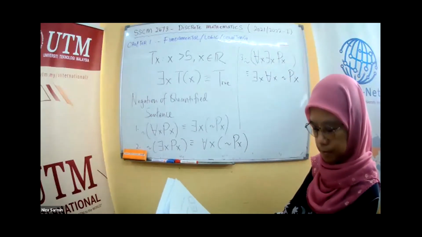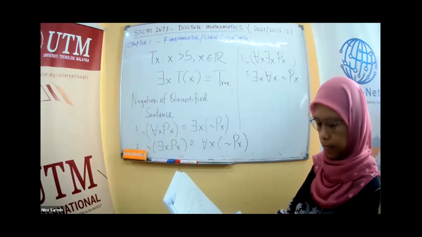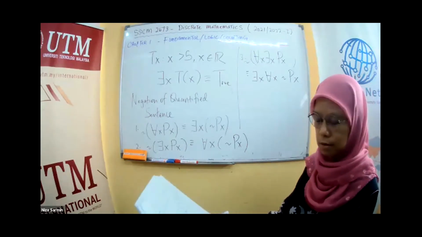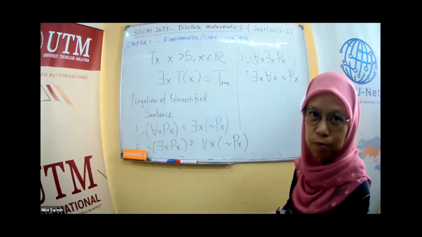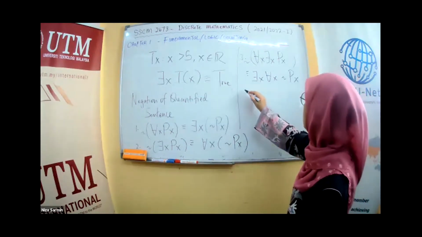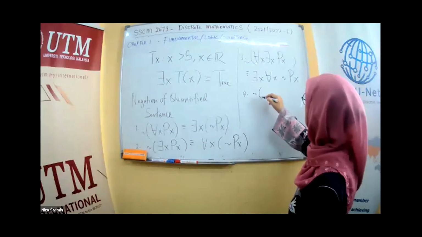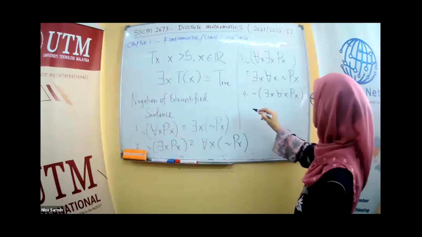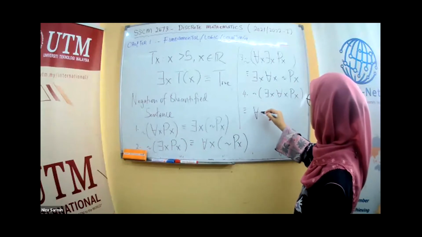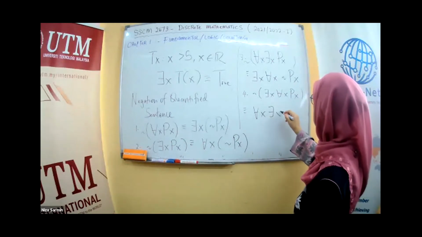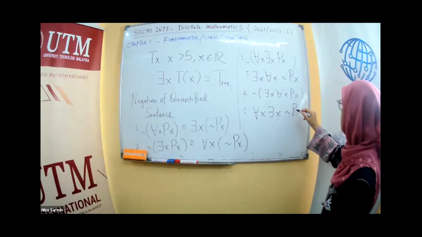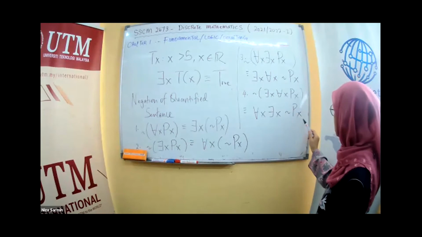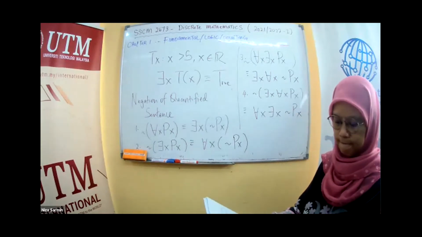Right? That's the last one, right? Please add number 4. Okay? Number 4 will be this first, and this, which is for x, there is this y, not Pxy. All right? Sometimes people put the parentheses here. Okay.